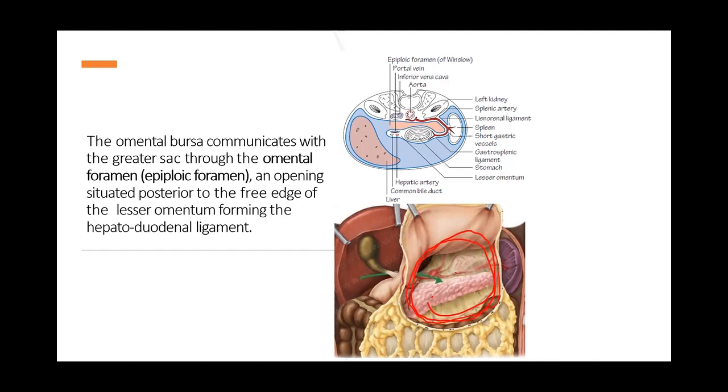The omental bursa communicates with the greater sac through the omental foramen, also known as the epiploic foramen, an opening situated posterior to the free edge of the lesser omentum, forming the hepatoduodenal ligament.